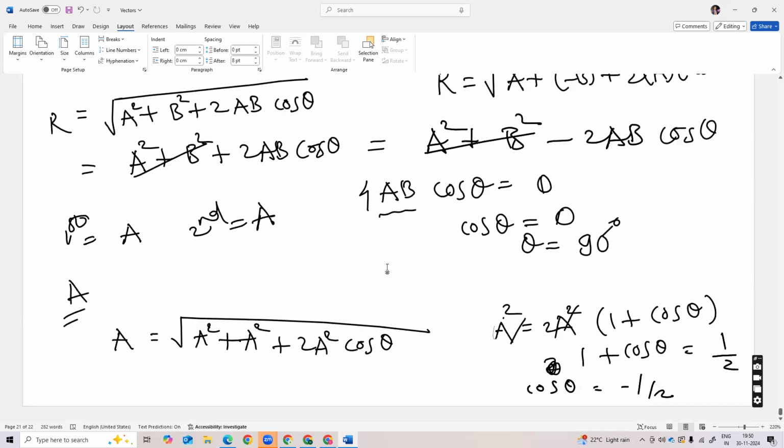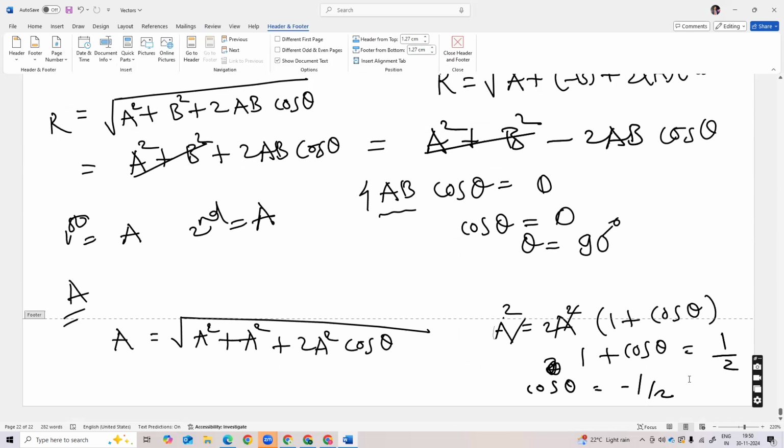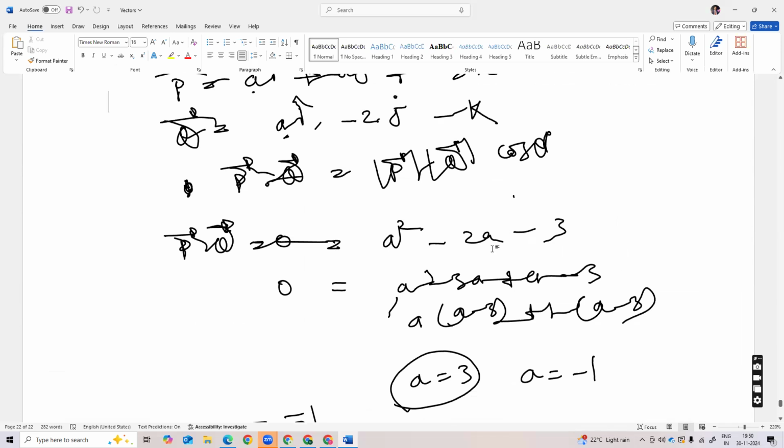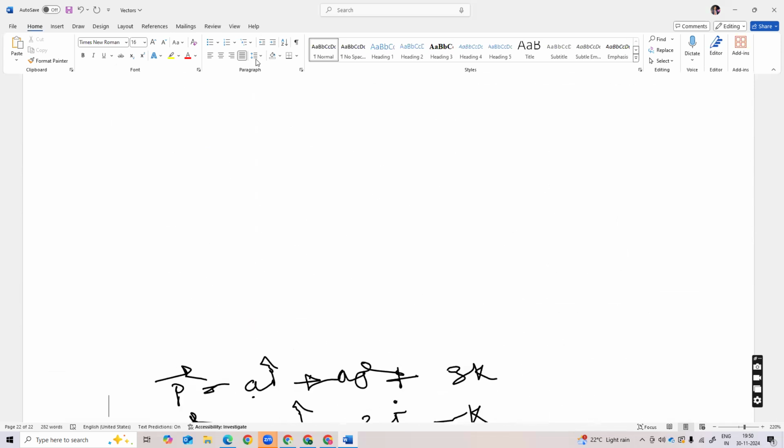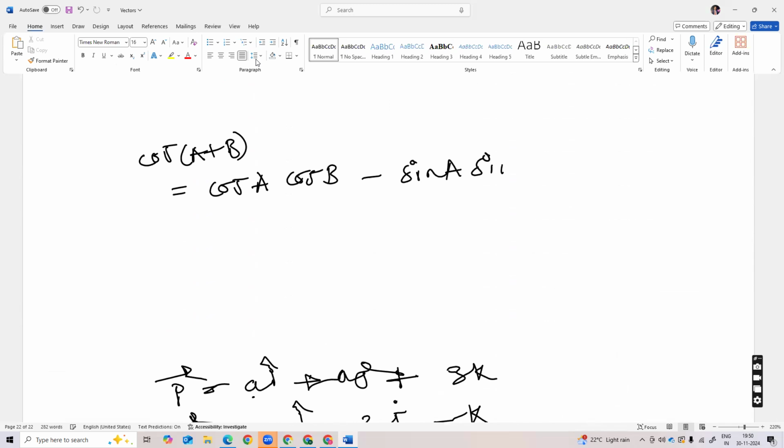From the trigonometric relation, let's say cos of a plus b. We know from our first class that cos(a plus b) is cos a cos b minus sin a sin b. So first, cos theta is minus 0.5, or minus 1 by 2.